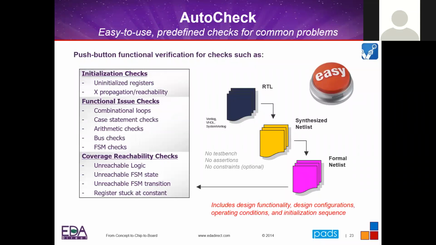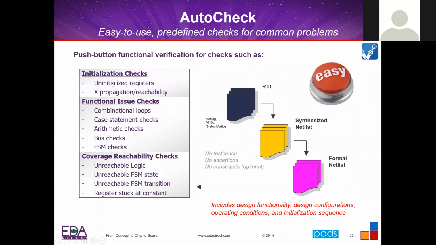So really what it does is it takes your RTL code, and when you compile it, it comes up with a generic synthesis, and has a formal netlist that then it does all these types of checks. I mentioned some of them.